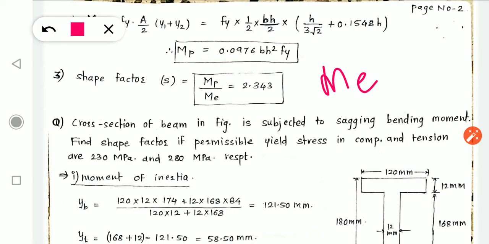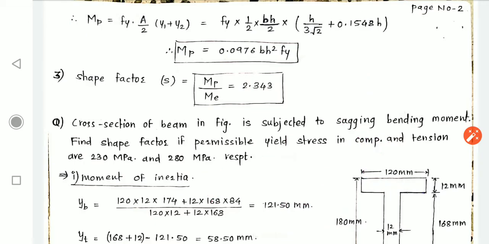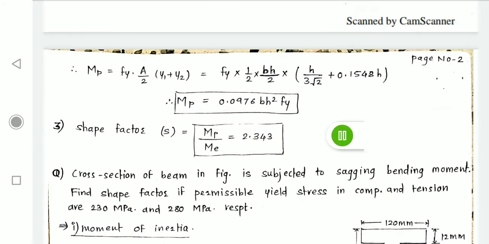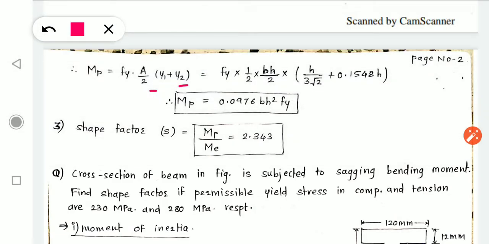Once we calculate ME, ME is already calculated. Once we calculate the area of compression, area of tension, Y1, Y2, we can simply get MP from that formula which I mentioned previously. So put the values of Y1, Y2 and everything into formulas like this.